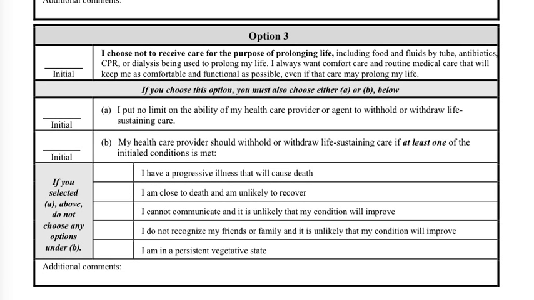Option 3 allows a little more customization in your wishes. This option is for those who wish to receive only comfort care under certain conditions. These conditions can be determined by the agent or chosen by yourself.